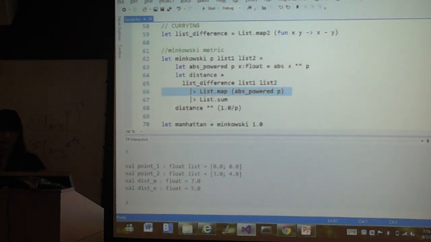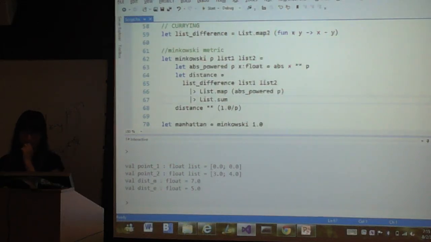Does p have 2 different meanings in here? Is p like a local variable? It's being passed along. It's always the same thing. So in the context of abs powered, p is constant. Right. Okay. And then I just type that into list.sum, which sums everything.